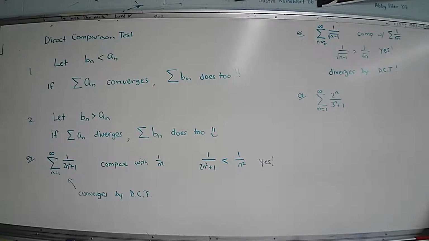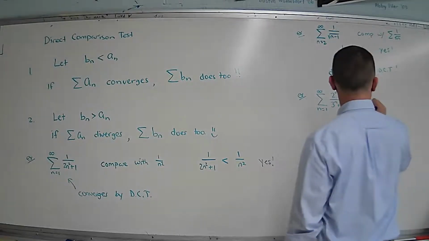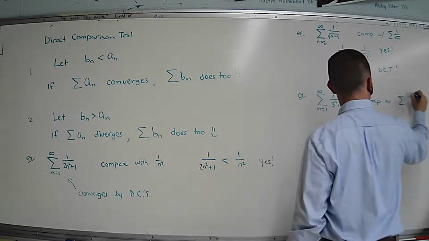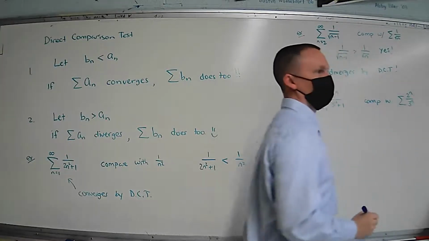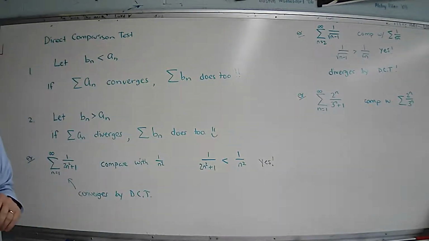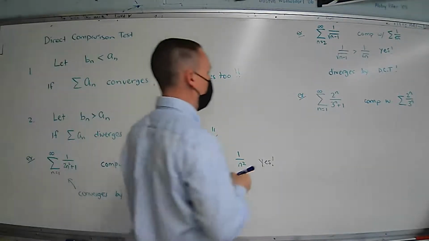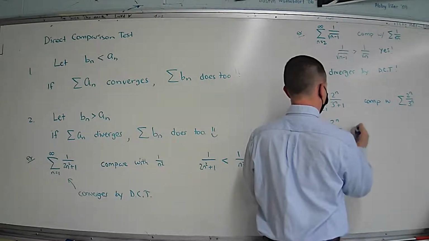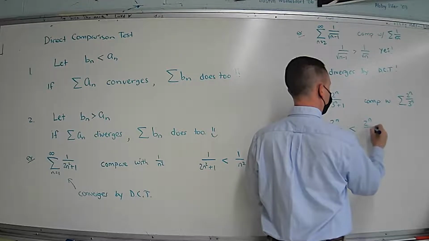So that's a geo. Is that a converger or a diverger? I think that was on your quiz. He's a converger. So we got to show that this is less than this.